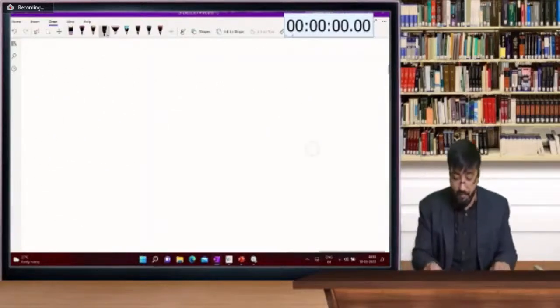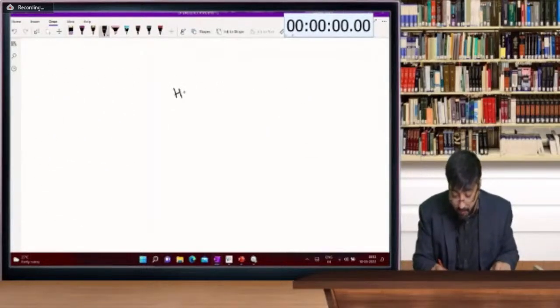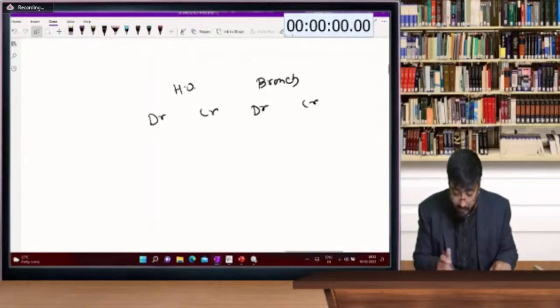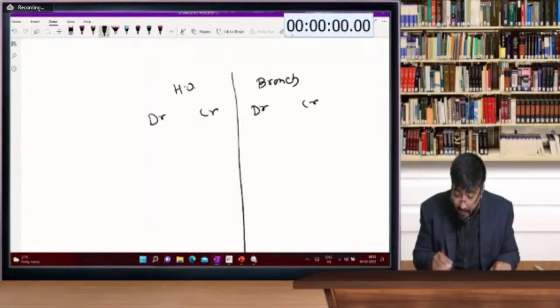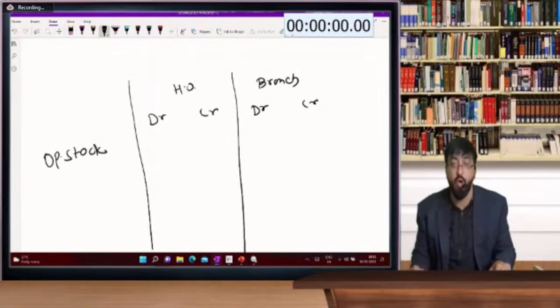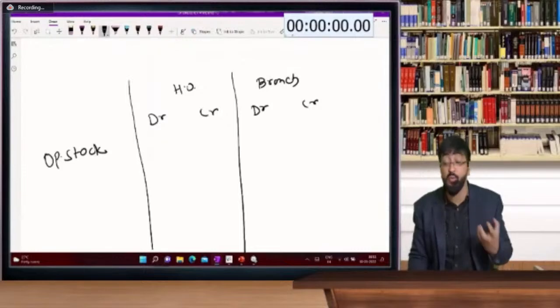See, now please be careful. Here, branch stock. Normally in trial balance, we write only opening stock. Now these questions need understanding of trial balance.